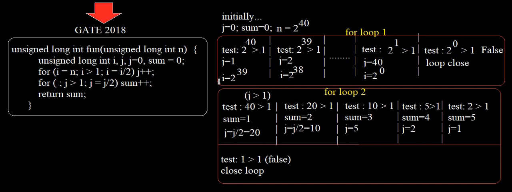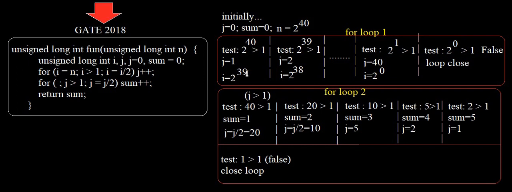See, here's the trick. If you see a proper pattern repeated continuously, here 40 is there and there is 1; if you add them, it will be 41. And if there is 39 and there is 2, if we add them, it is 41. If we do this for the entire iterations, j should be 40 when 2 power 1 has been used here.